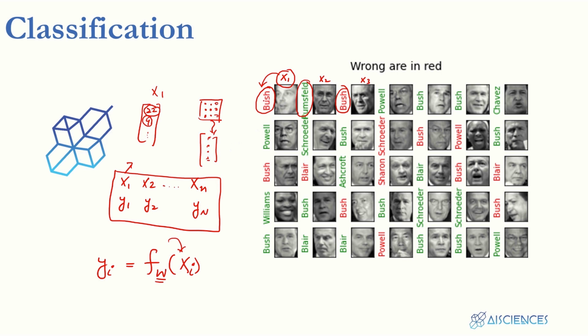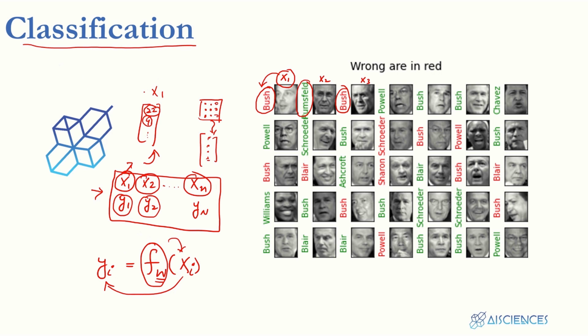Although there are very sophisticated feature vectors that one can compute, at the end of the day each object is represented by a feature vector, and the labels are represented by either numbers or strings or whatever, depending upon how you assign those categories. And using this training data, you have to come up with a model that eventually predicts the true labels. This kind of scheme is known as classification.